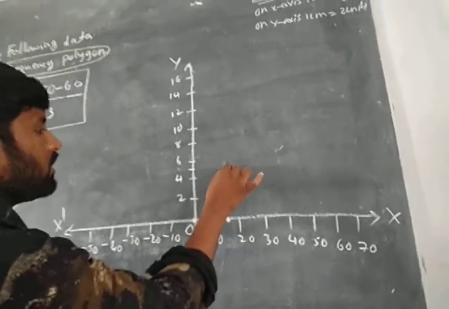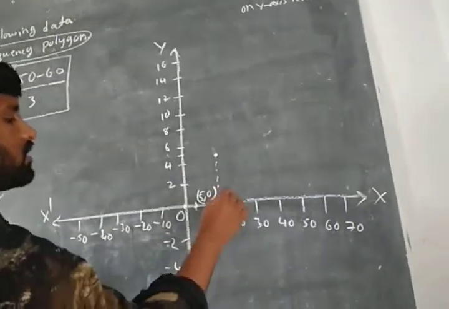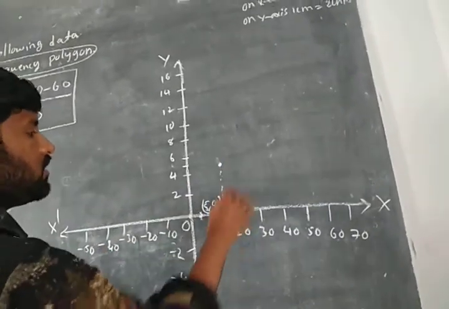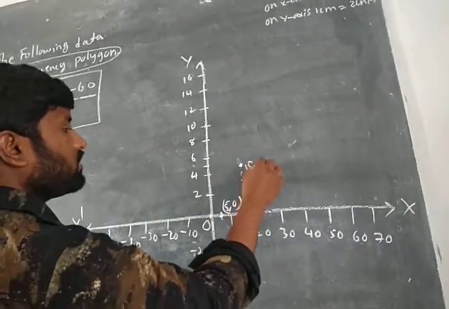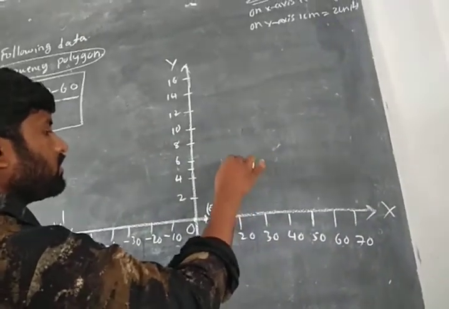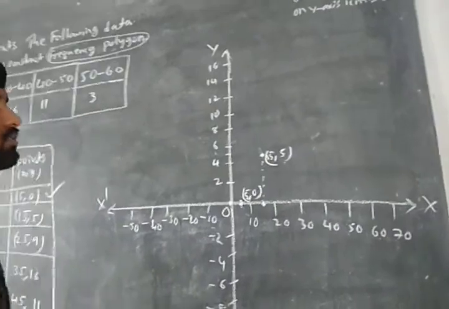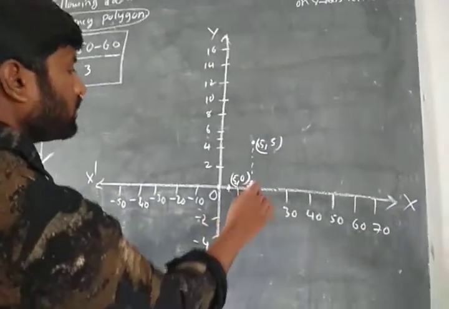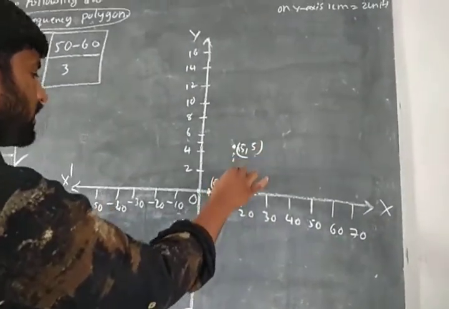So that is 15 comma 5. This is the required point.